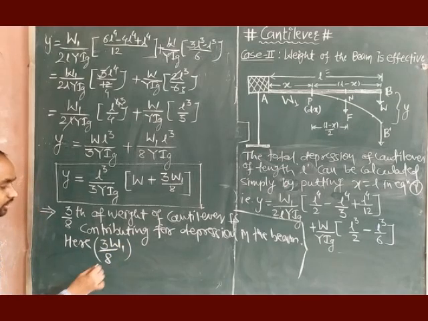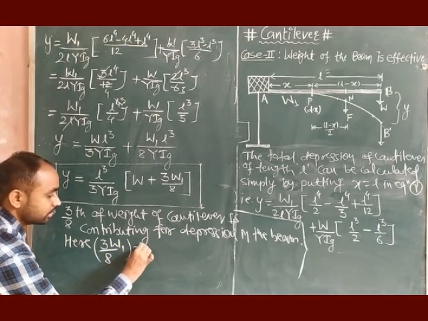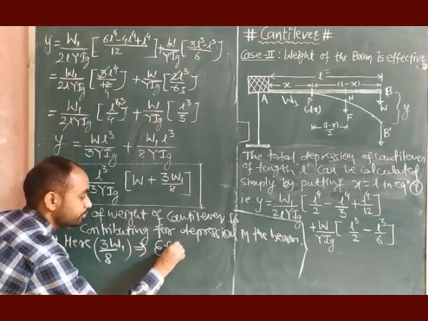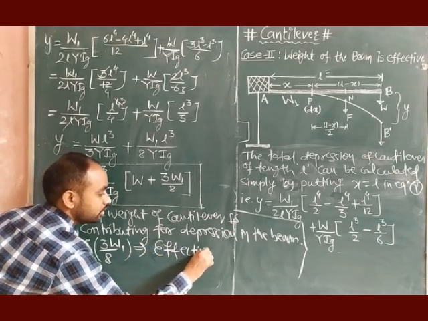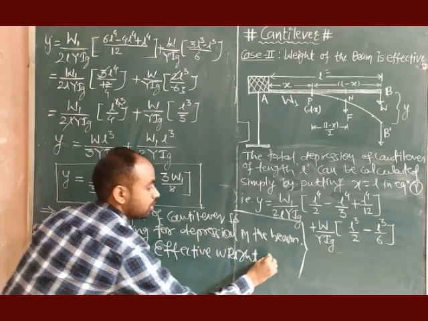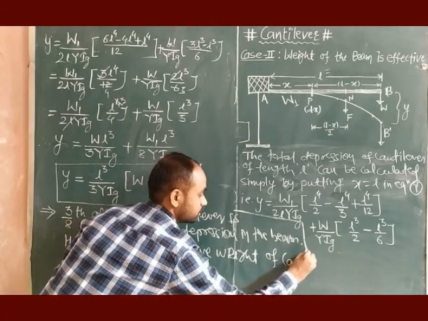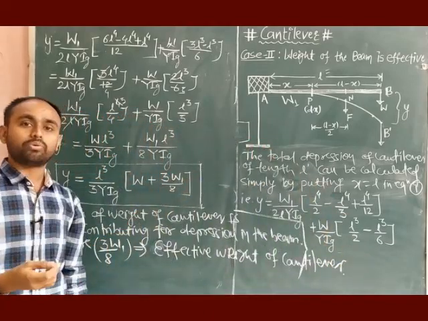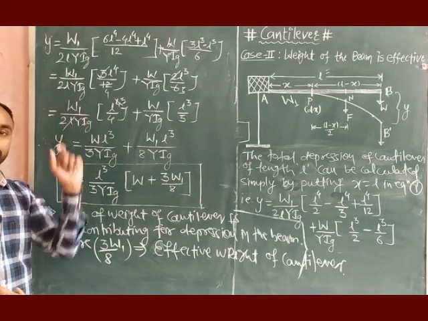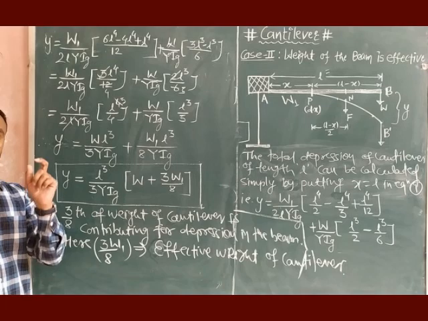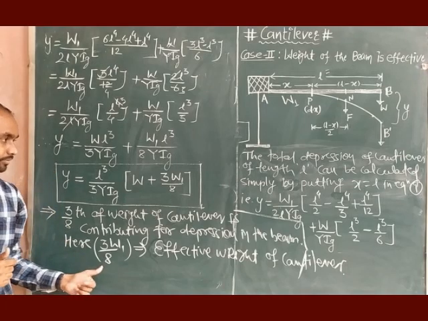This 3/8 part of that weight is named the effective weight of the beam, effective weight of the cantilever. So what is the effective weight of the cantilever? It is 3/8 of the total weight of the cantilever, 3W1 divided by 8, right?